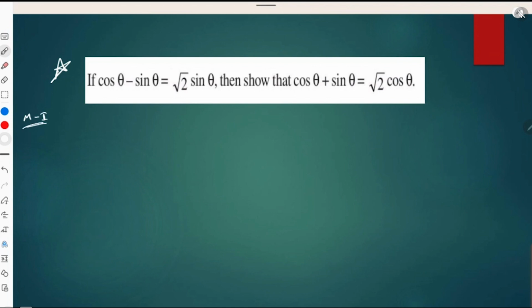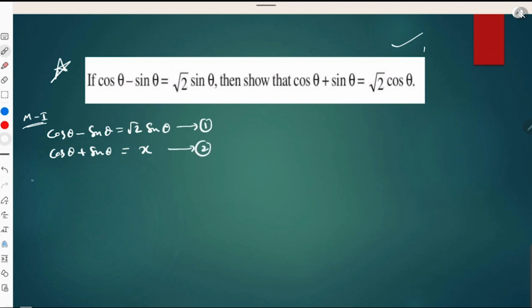So here, cos theta minus sin theta is given as root 2 sin theta. And we need to prove that cos theta plus sin theta equal to root 2 cos theta. So let us call this x. Now we want to find out the value of x. Let's call this equation 1 and this equation 2.